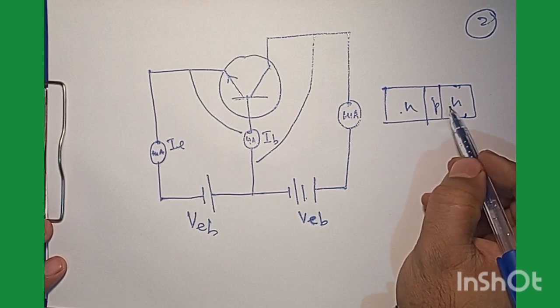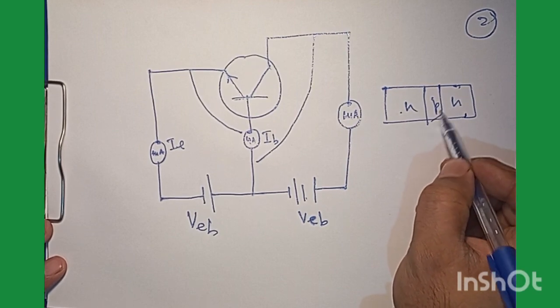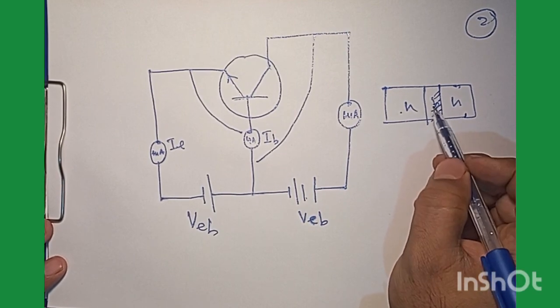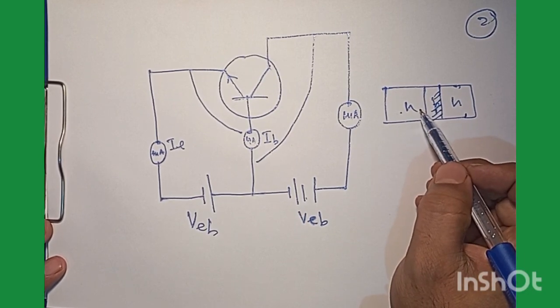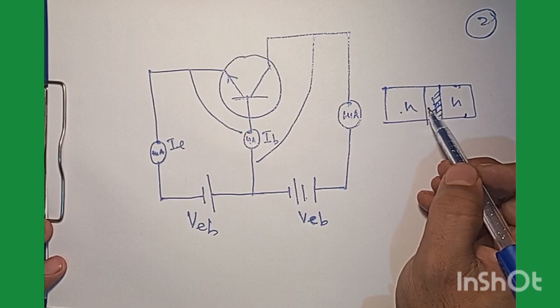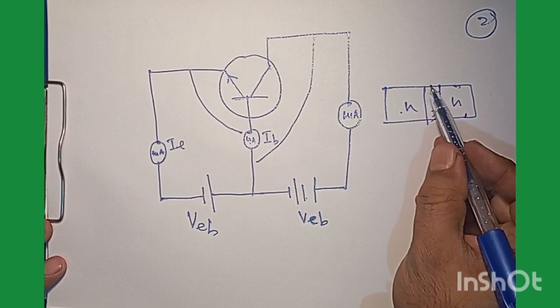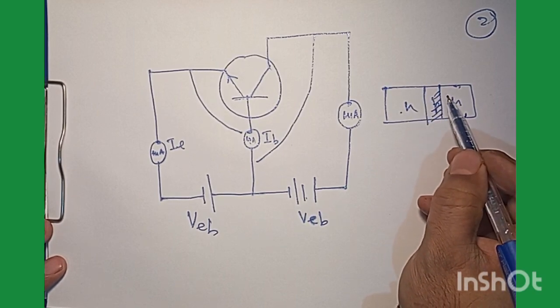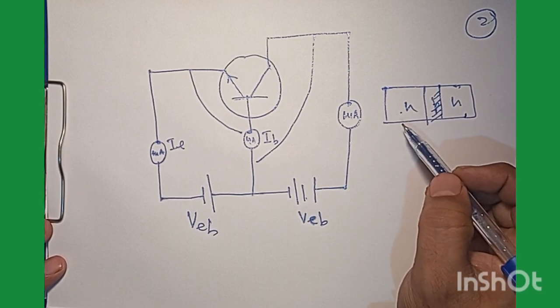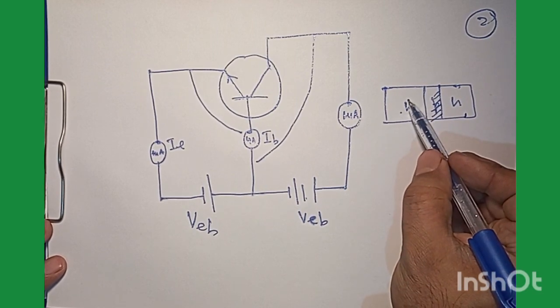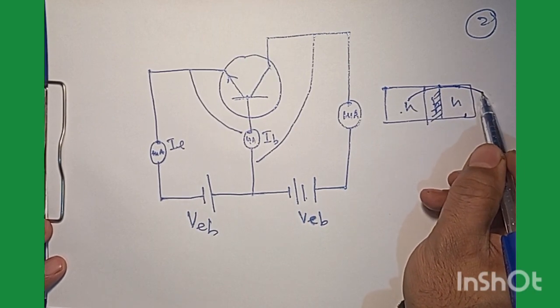Now if the base region of the transistor is made thick, sufficiently thick and heavily doped, then most of the majority carriers will combine with the charge carriers in the base region while passing through it. Hence, only a small number of majority carriers coming from the emitter will reach the collector region.